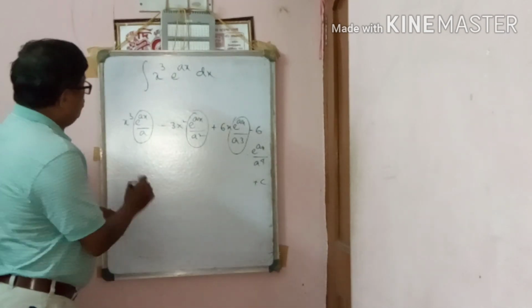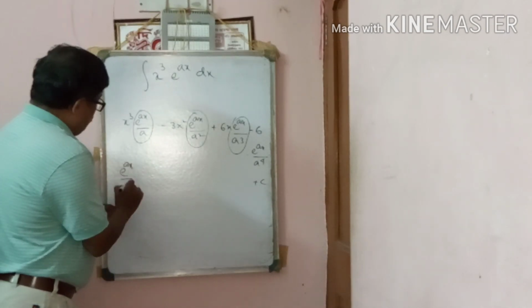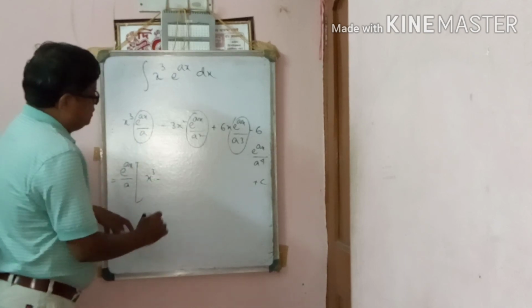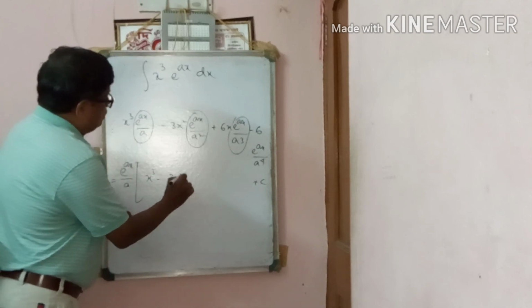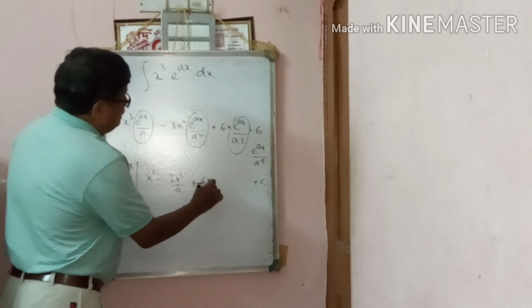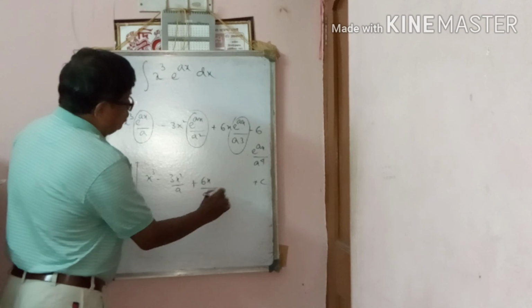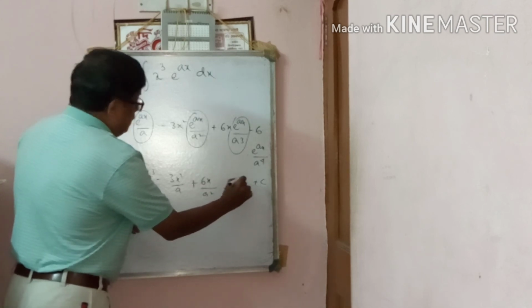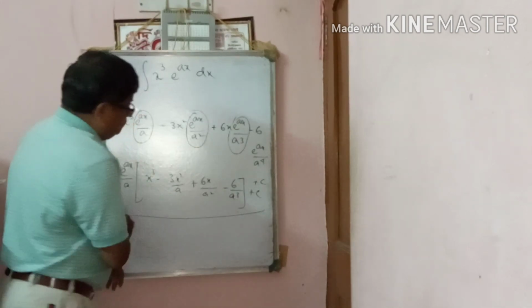Now you take e to the power ax by a common. So x cube minus 3x square by a plus 6x by a square minus 6 by a cube, plus c. This is the answer.